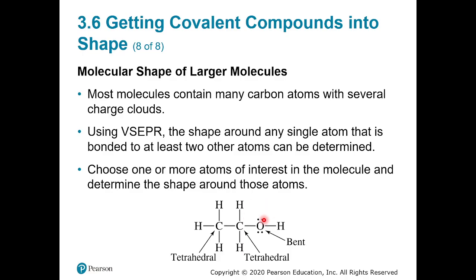This right here, which is the oxygen, is going to have a bent shape. Okay? And so if you wanted to know what this molecule looks like, you just add these together. What it ends up looking like is a bit like a zigzag. Like that. Okay? And that's why the line edge formulas, whenever we're writing those out, are zigzag.